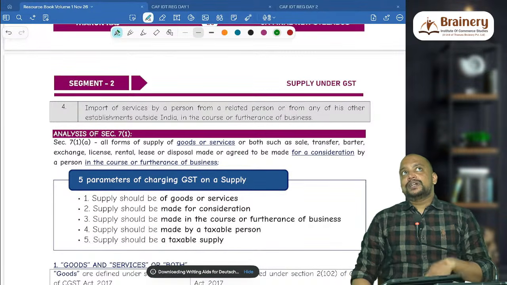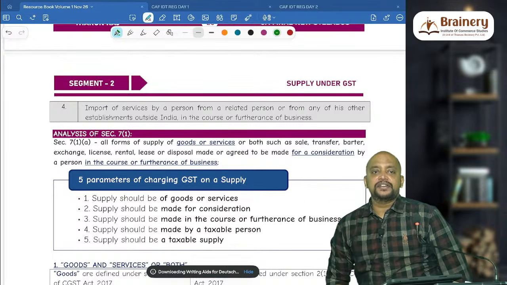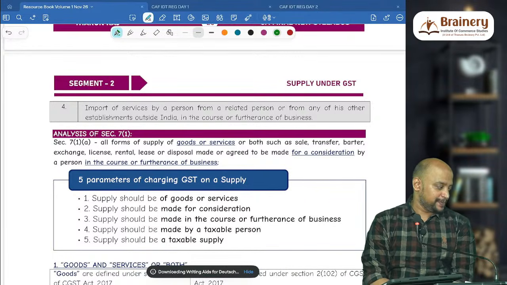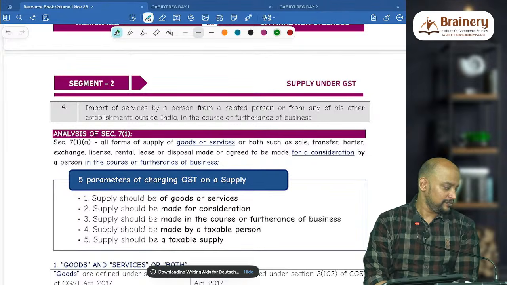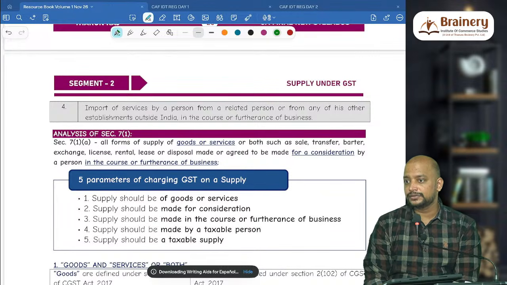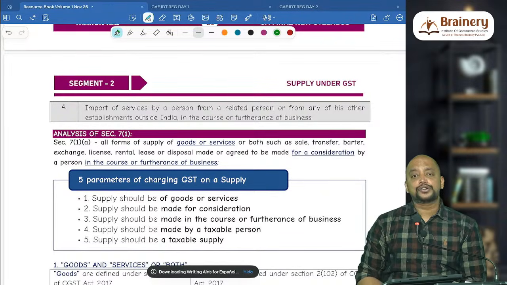Then look into the fourth point. Read the fourth point, 7(1)(c), versus 7(1)(b). You read and tell me what difference you can find. Consideration? In 7(1)(c) there is no consideration.